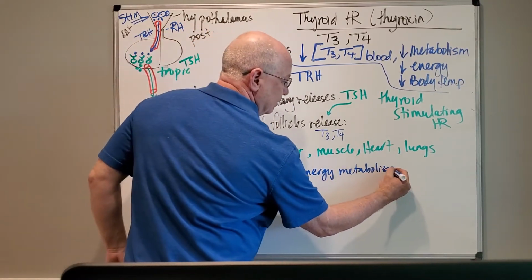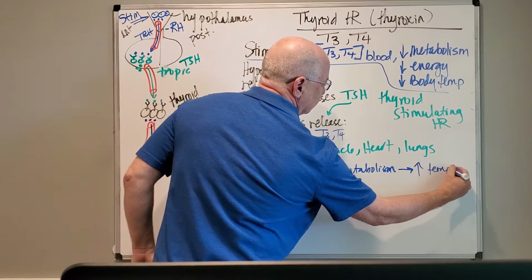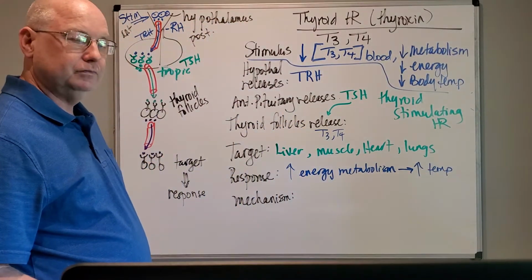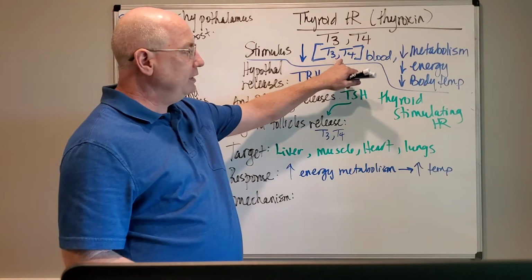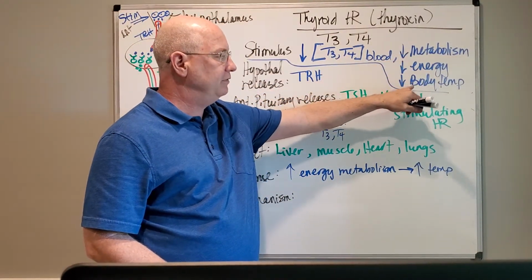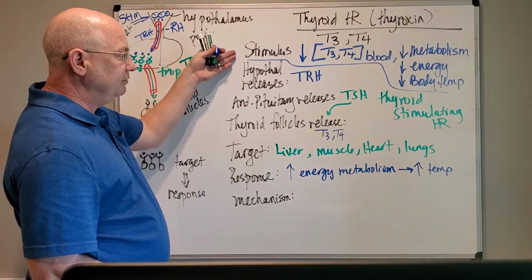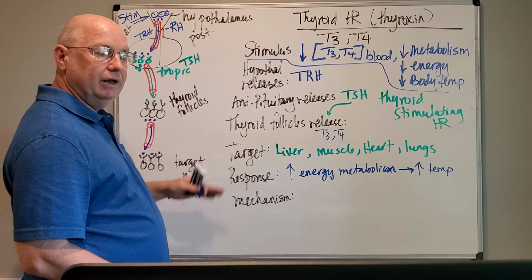Okay? Which will also result in increased temperature. So we've essentially raised T3 and T4 in our blood, we've increased our metabolism and our energy levels, and we've increased our body temperature. We've basically taken our stimulus and eliminated it.